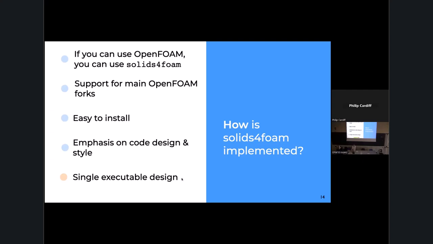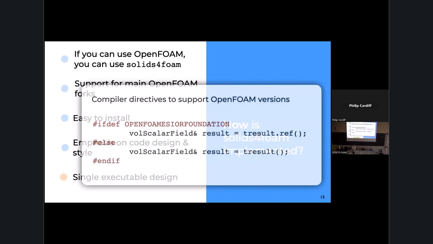I'll mention the single executable design, which is not the OpenFOAM approach. Actually, before that, just to comment on supporting the different OpenFOAM forks. If you don't know what I mean, there are three main versions of OpenFOAM: OpenFOAM.org, known as the Foundation version, OpenFOAM.com, known as the ESI version or OpenCFD version, and then there's Foam-Extend.